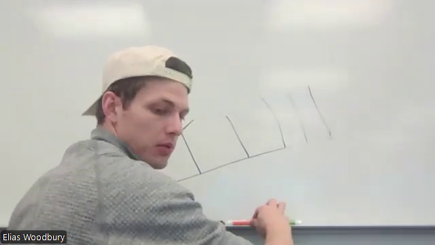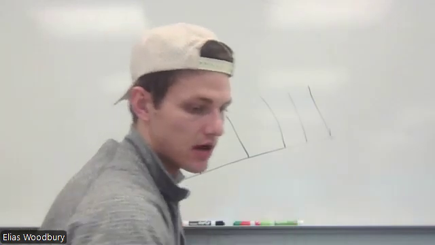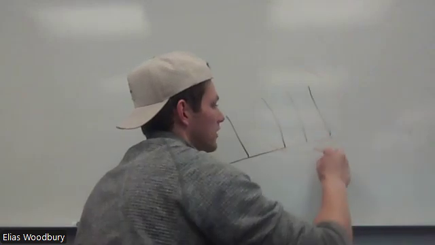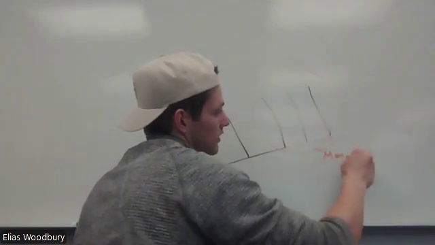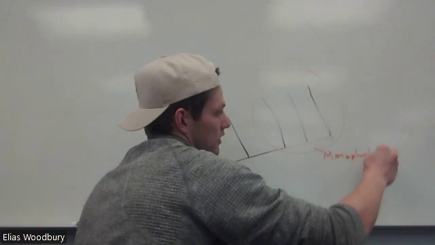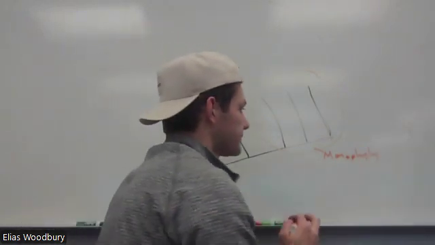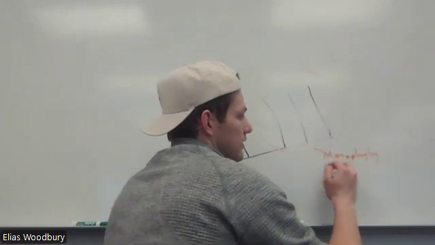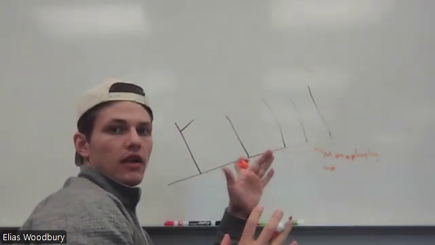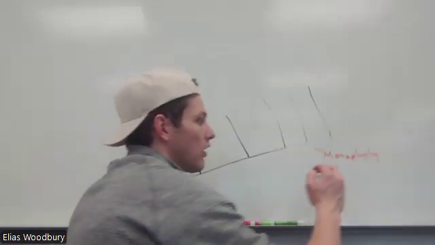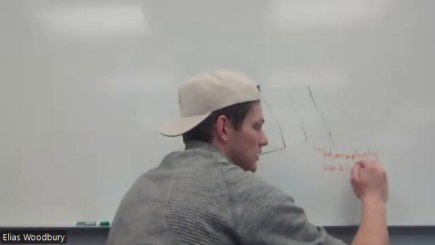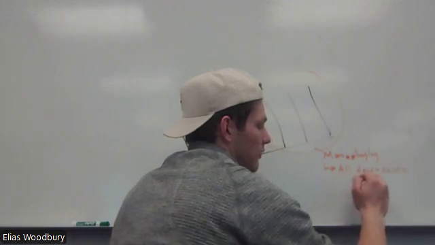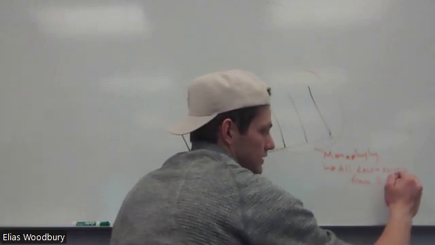And the first one we're going to label, first type of clade that we can have, is called a monophyly, or monophyletic. This is basically just saying that we have all descendants from one common ancestor.